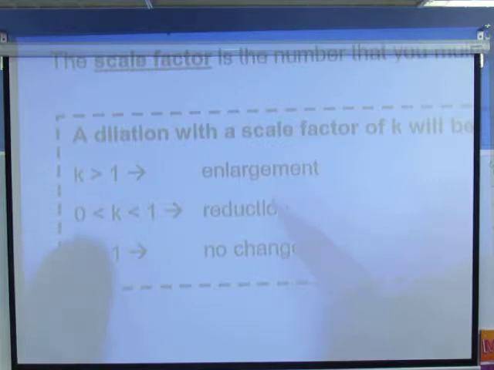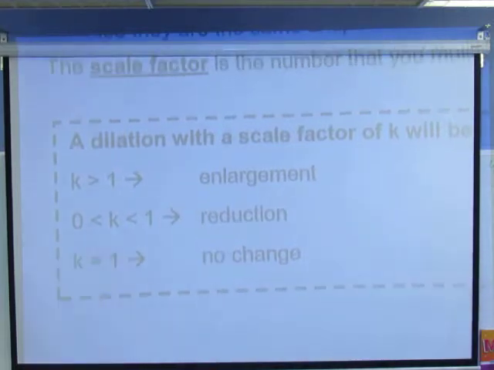Yeah. If the number is between 0 and 1, like 1/2 or 3/4 or 0.24, then that will be a reduction. Because if I multiply something by, let's say, a half, doesn't it get smaller? Yep. So that's a reduction. And if the scale factor is 1, there's no change whatsoever, because if you multiply by 1, nothing changes, right?